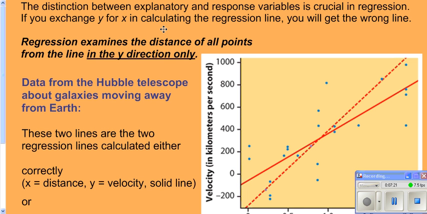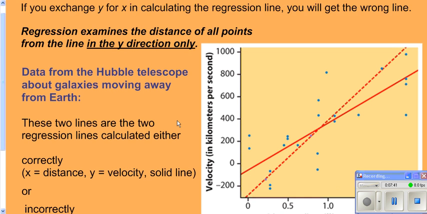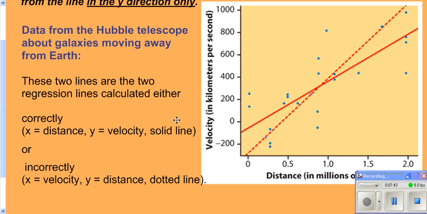Now, your calculator or your software does distinguish between your explanatory and response variable. You need to make sure you have it in there correctly. Your regression wants to minimize all the vertical distances, is what you're trying to do. Now, if by chance you had switched the explanatory and response in your calculator or software, you get a totally different line.